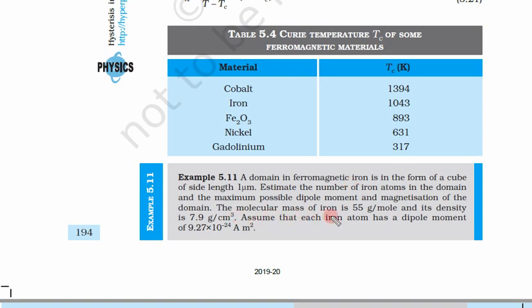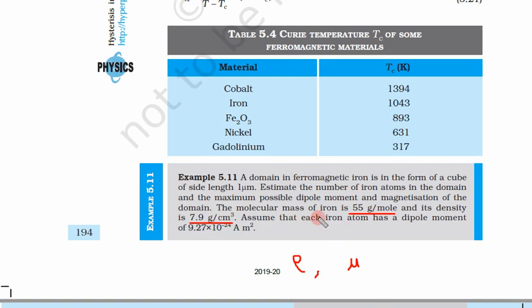The molecular mass of iron is 55 gram per mole, that has already been given, and density is 7.9 gram per centimeter cube. So we have been given rho and molar mass mu, and we have to calculate how many atoms are there in that small domain.